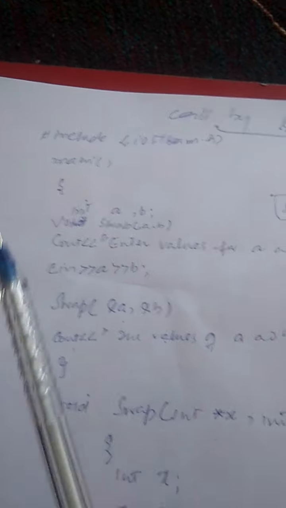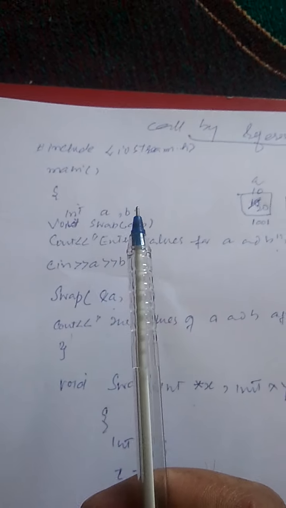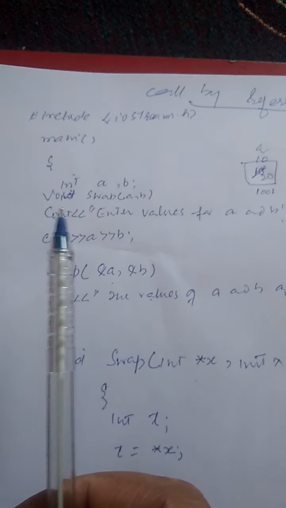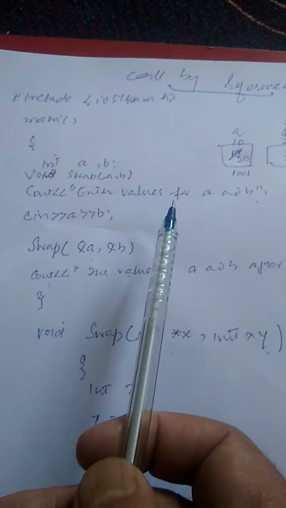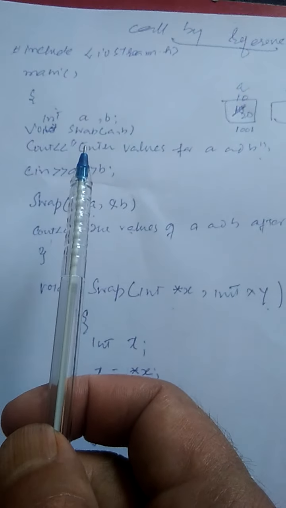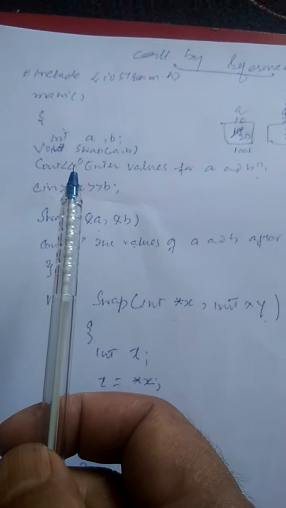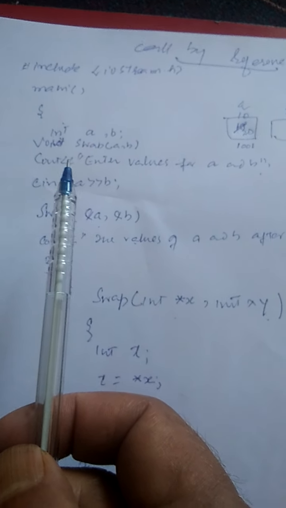So our program will start by writing this line, hash include iostream.h, and then main. Then we will declare two variables, that is integer a and b. So cout, enter a value for a and b. A message will be displayed on the screen to enter the values for a and b. The user will input two values.